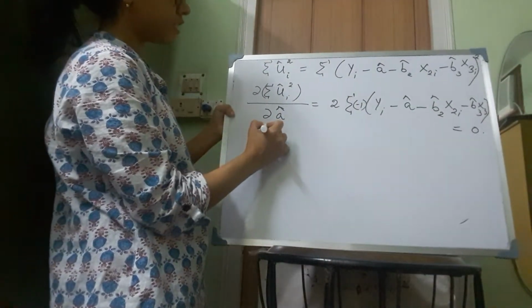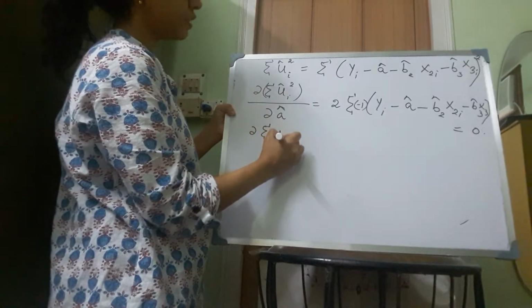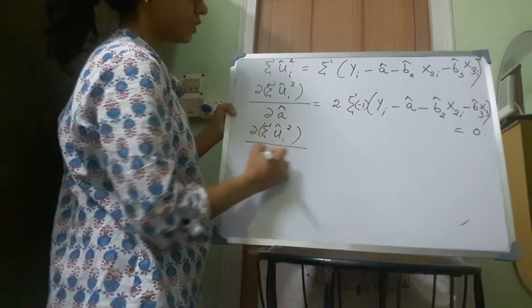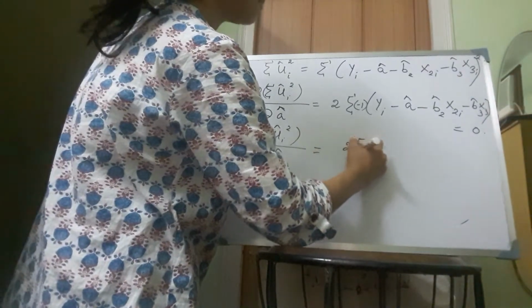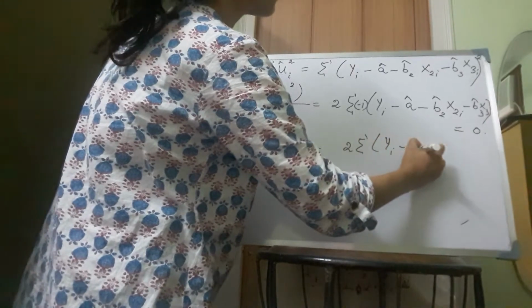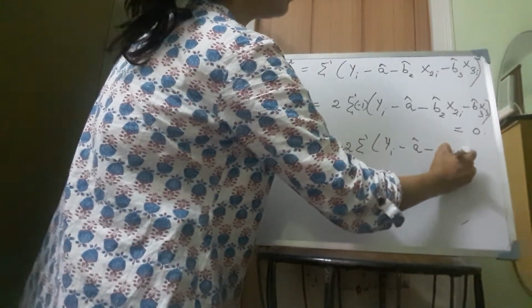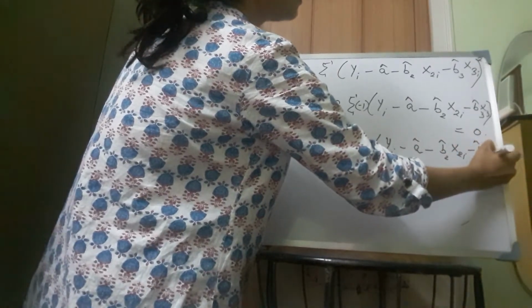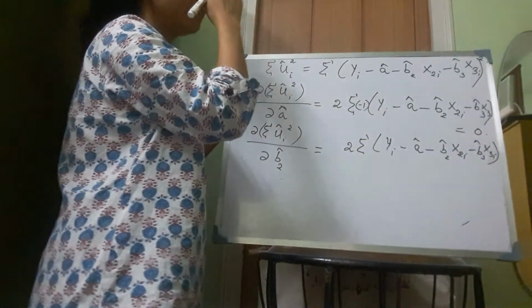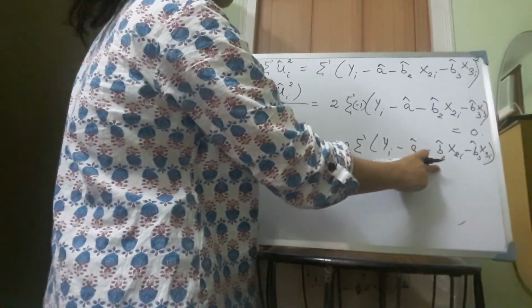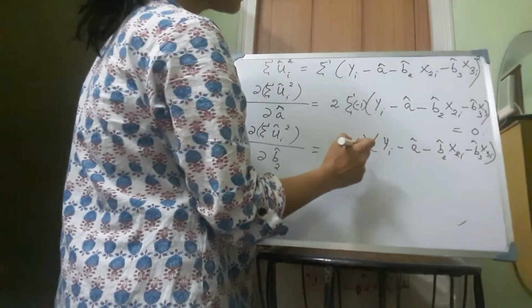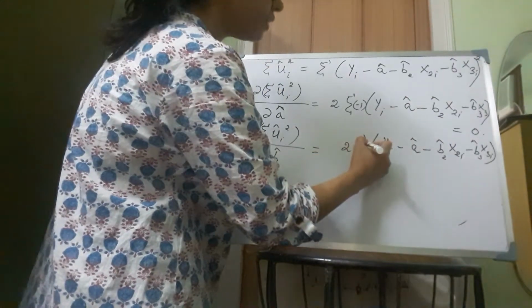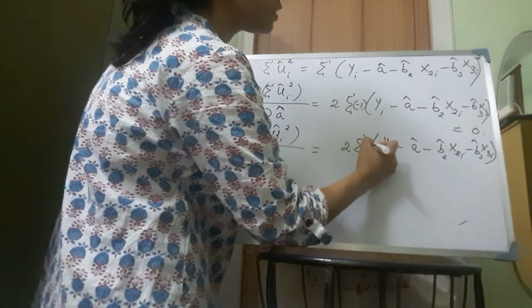Then the second first order condition is delta summation ui hat square over delta b2 hat, which is equal to 2 summation of yi minus a hat minus b2 hat x2i minus b3 hat x3i, and then we have to take the differentiation of minus b2 hat x2i. So in that case we will get minus x2i within the summation term.